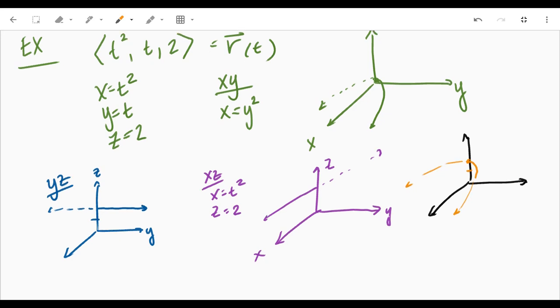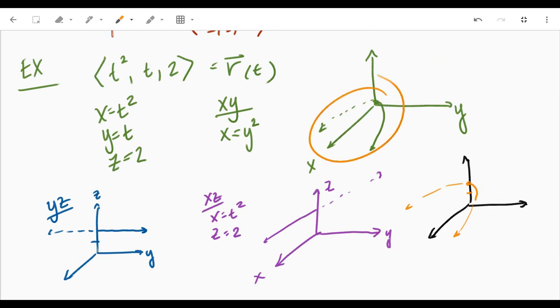I don't know if that's a good drawing. It's this parabola that would be flat in the xy plane shifted up 2 units. Think about your parabola again that's just flat in the xy plane where z is equal to 0. We're going to shift it up 2 units.